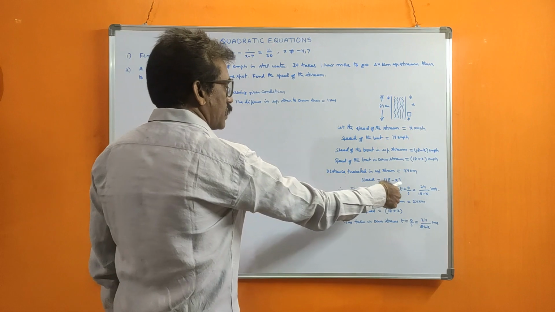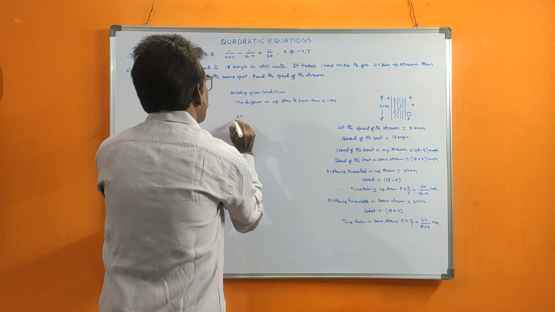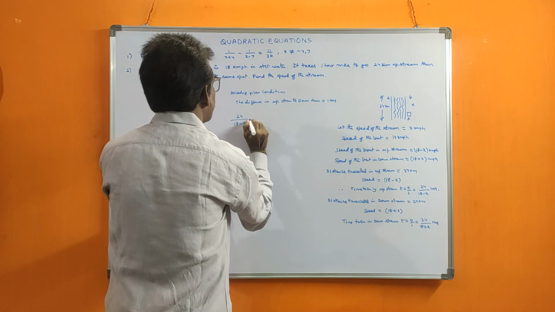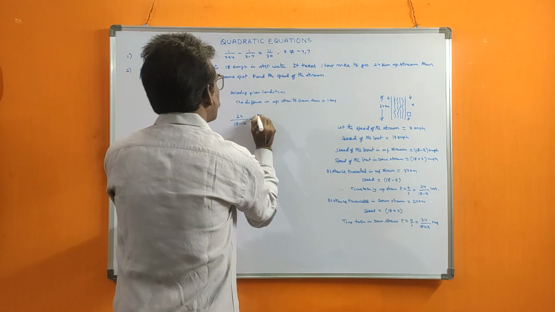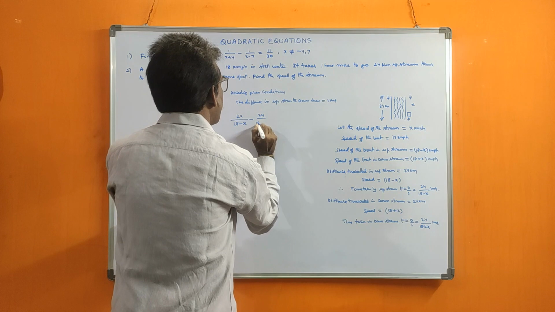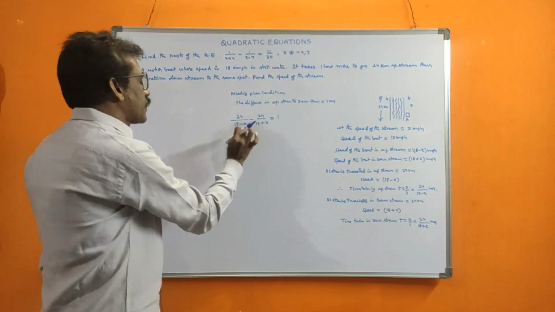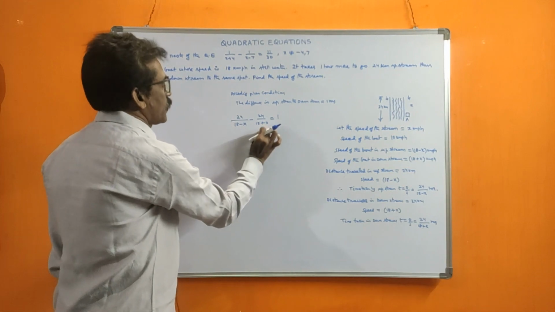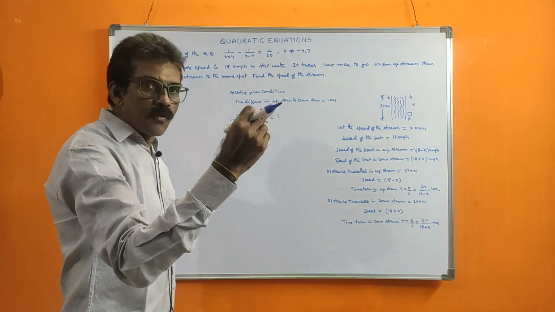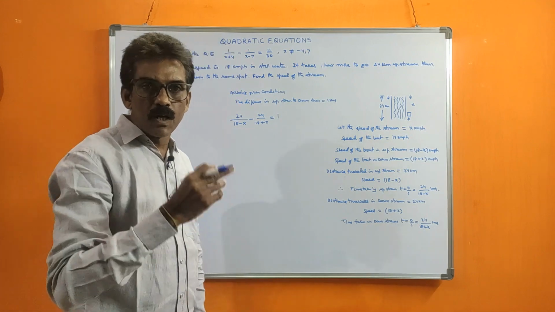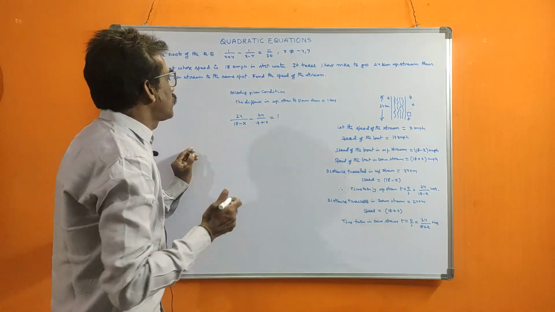Upstream only will take more time. So upstream is 24 by (18 minus x), minus downstream, 24 by (18 plus x). This is the one given. The time taken for upstream minus the time for downstream, this difference is 1 hour more it took for upstream because of the velocity of current. So that difference is 1 we get.